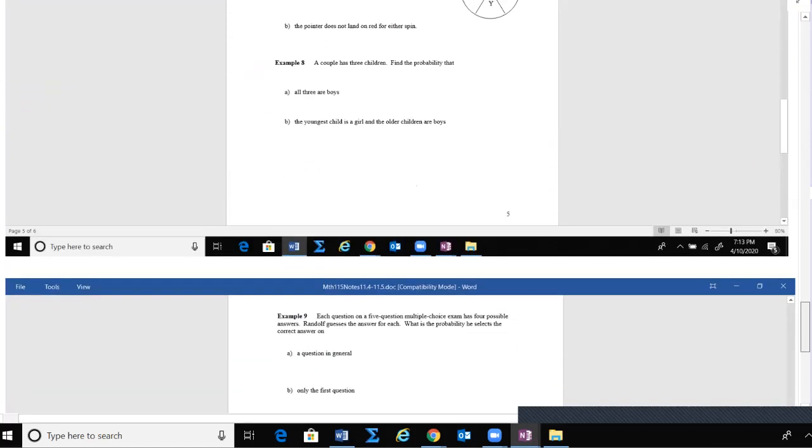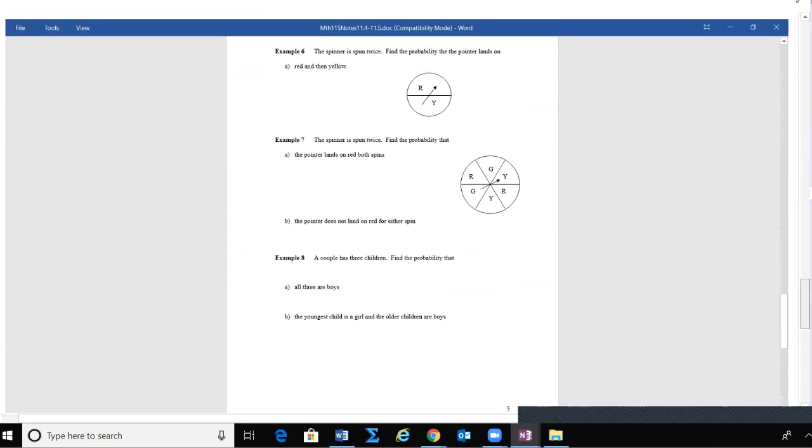All right, here we have some problems with spinners. A spinner is spun twice. Find the probability that the pointer lands on red and then yellow. Red would be a half times yellow would be a half, 1/4. Now notice here, there's no replacement issue.